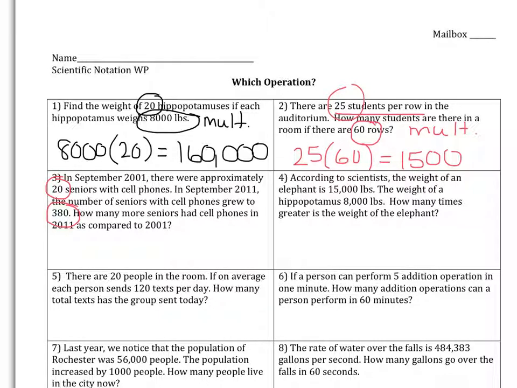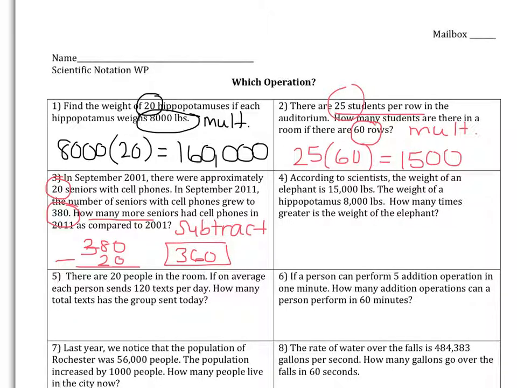So to figure out how many more, we have to subtract. So we're going to do 380 minus 20. I'm going to get 360. 360 more seniors with cell phones.